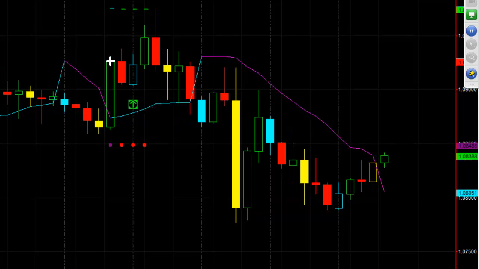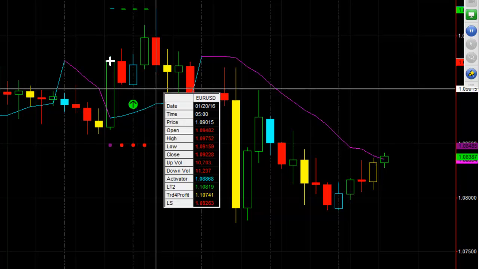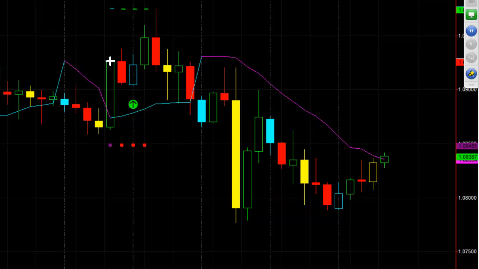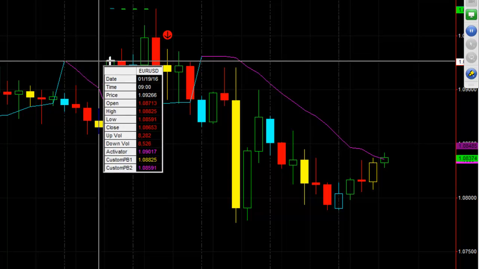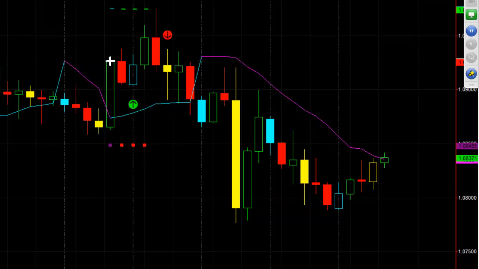So just before 5 a.m., it hits money management, but you come in on this yellow candle at 9 a.m. and it's below your stop. So you're just going to mark it out. Because again, if you said, okay, I'm going to wait, it did come back up and hit the entry, but it could have just gone on down to your stop. So if you see that it's already hit your money management and you should be flat, you want to go ahead and exit the trade wherever it's at.